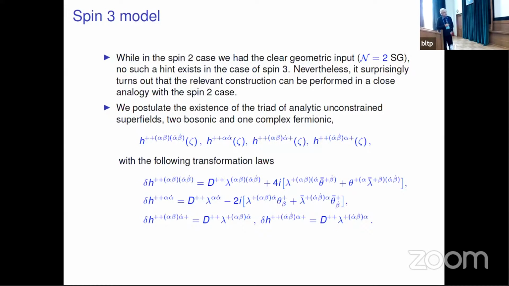These are the following: some triad of gauge fields, these gauge fields with this set of indices, some vector gauge fields, the analog of H ++5, and corresponding conjugated spinorial analytic superfields, with the following gauge transformation law, which directly generalizes the gauge transformation law for spin 2 analytic superfields given earlier.